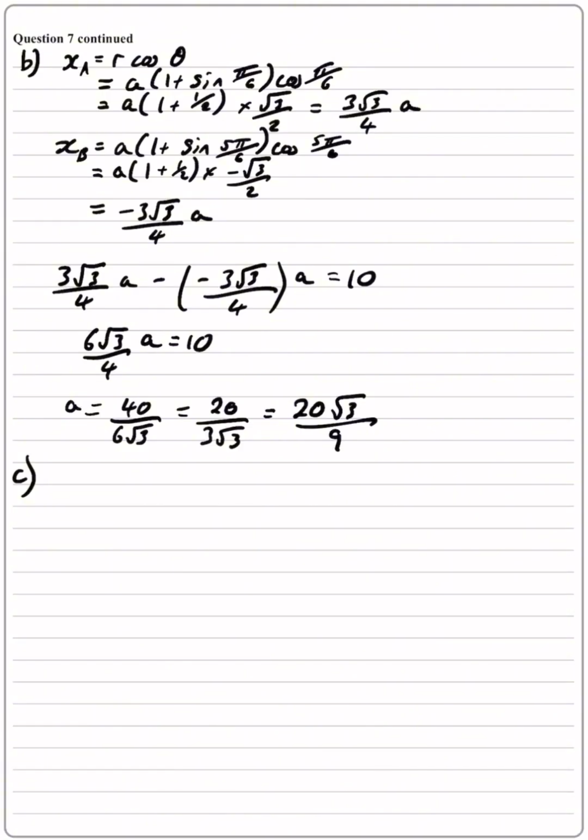For part C, we can find surface area by doing a half of the integral between minus pi and pi of r squared d theta. So that's a half the integral between minus pi and pi of a squared times by 1 plus sine theta all squared d theta.